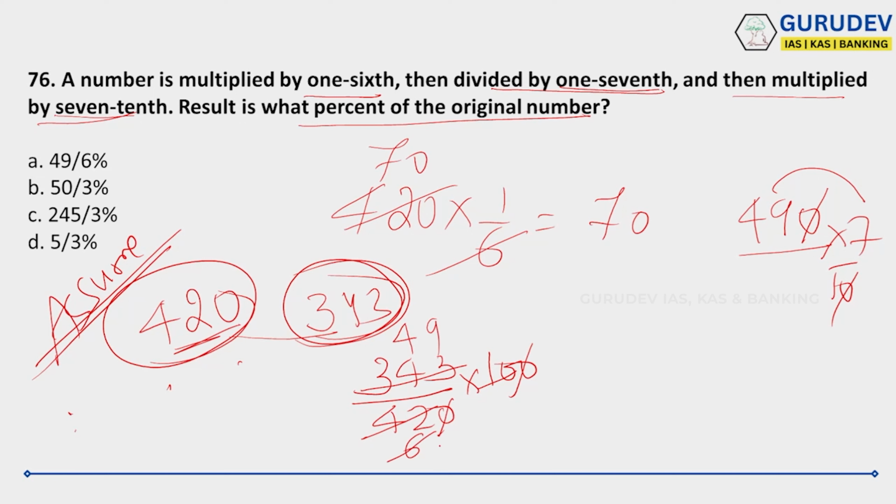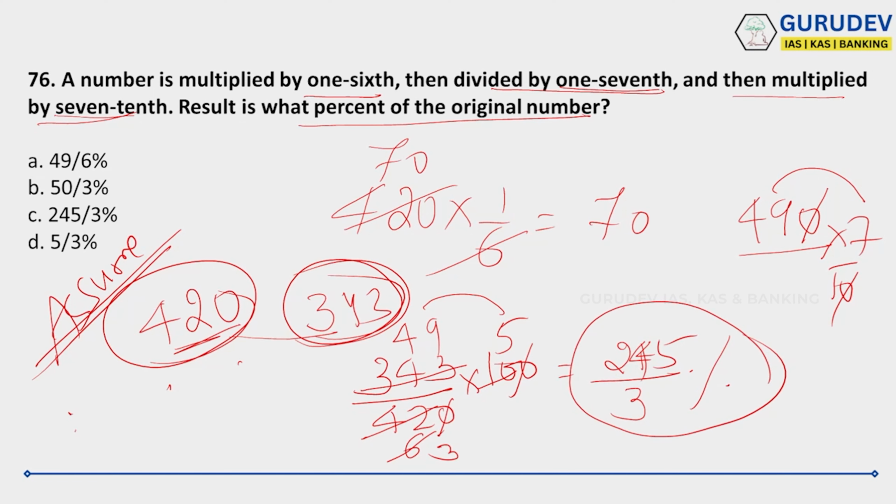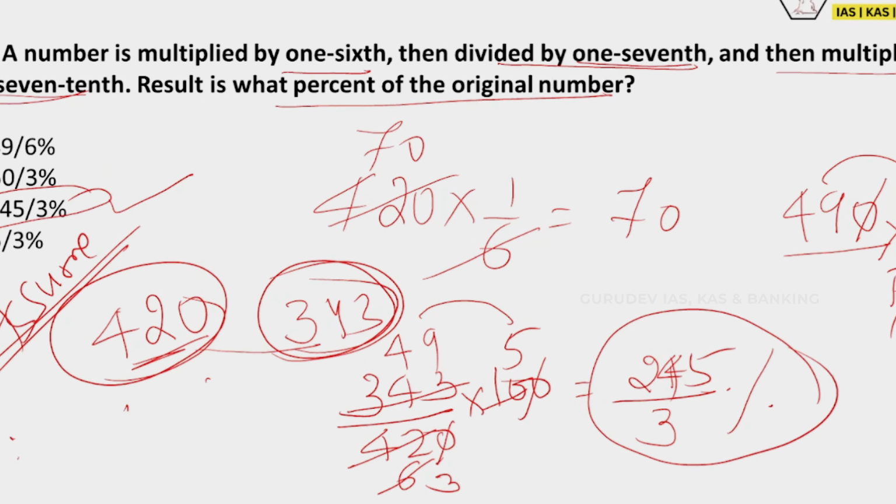Next, 2 threes, 2 fives. What is 49 fives? 49 fives is nothing but 245. In the denominator we have 3, so this will be 245 by 3 percent. That is option C, the right answer.